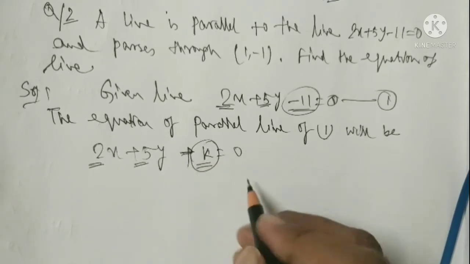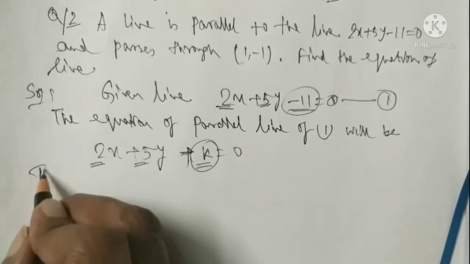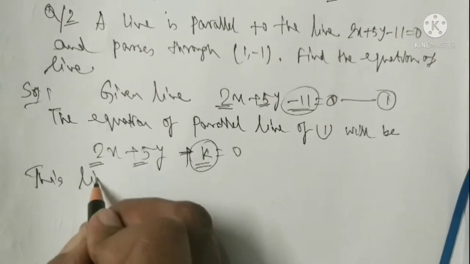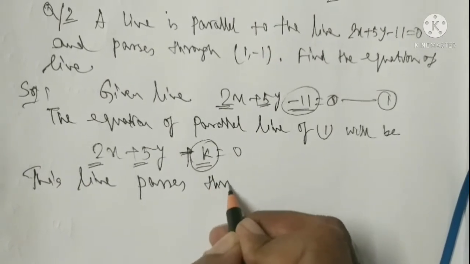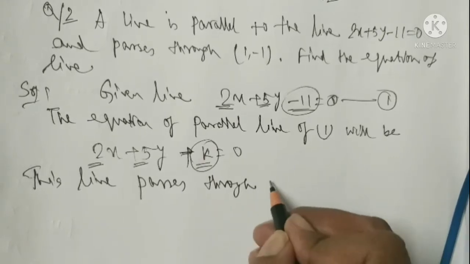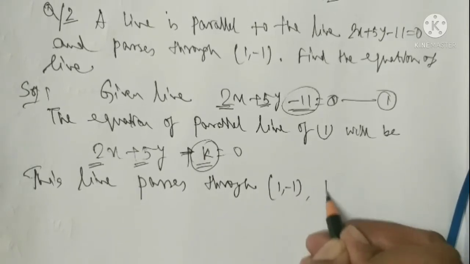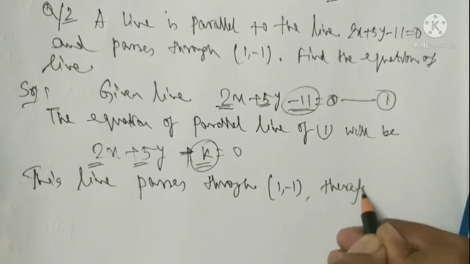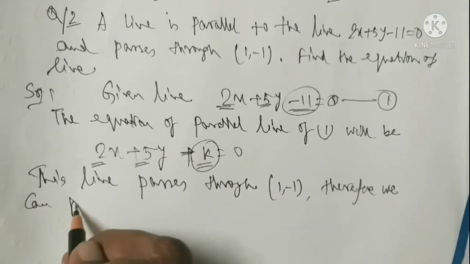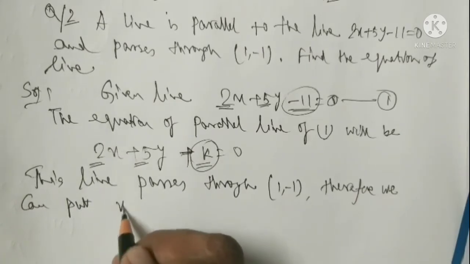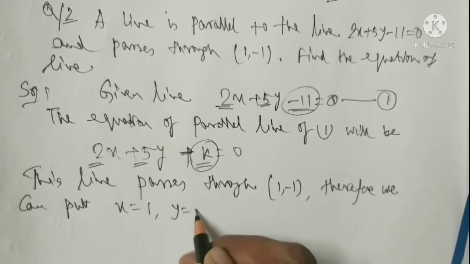Just follow it. This line passes through (1, minus 1). Therefore, we can put x equals 1, y equals minus 1 here.